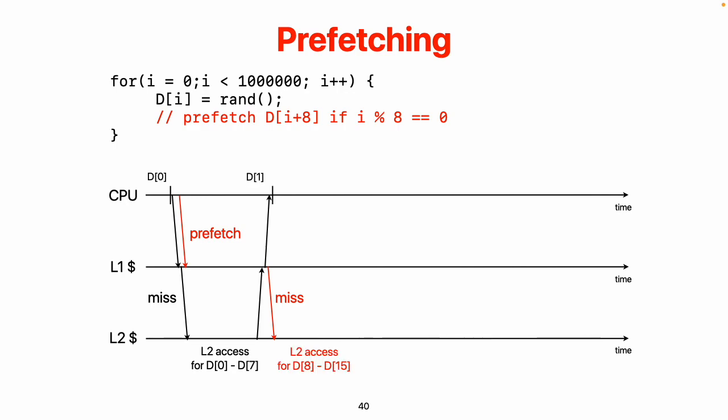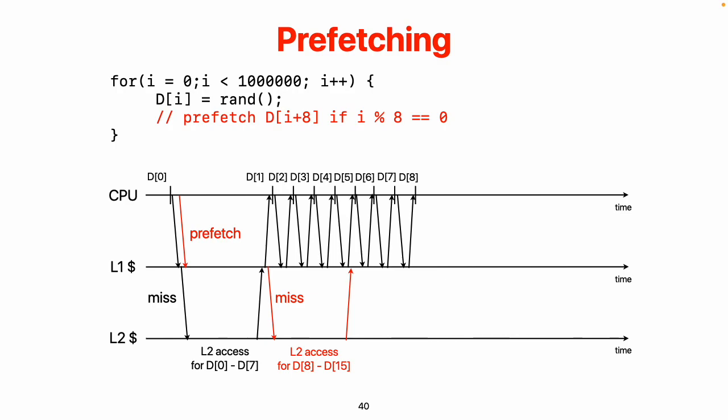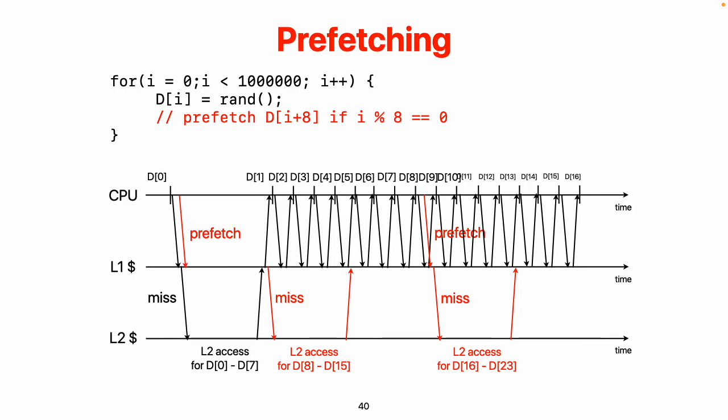In the meantime, on the processor side, I continuously access my D1 through D7. And in parallel, the L2 can find the block with D8 to D15 and return it in the background to the L1. And then the next time when I access D8, it will be a hit. And at some point, you can continue to prefetch others.